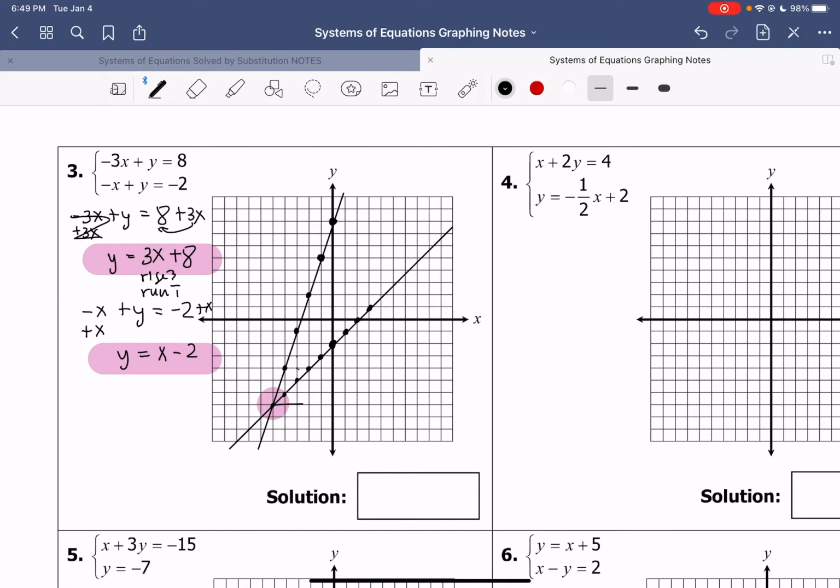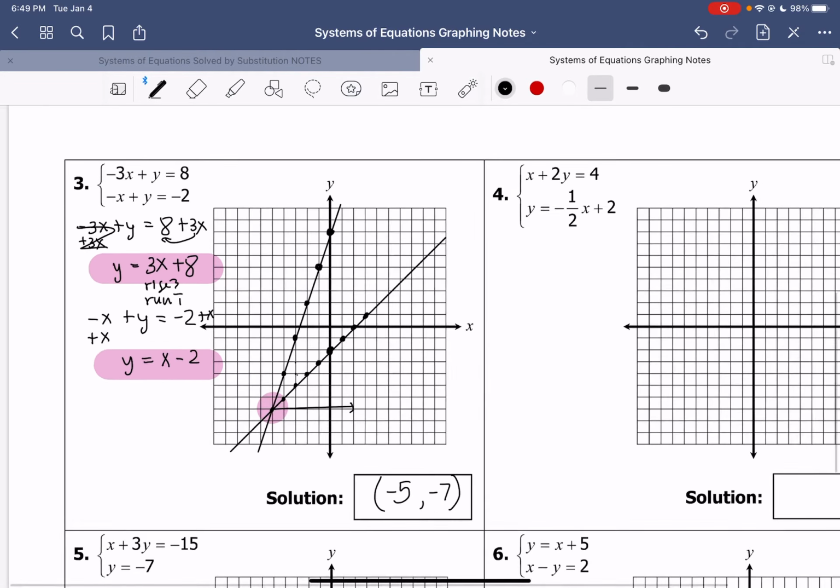And so off to the side, our solution is where these two lines cross, and that is negative 1, 2, 3, 4, 5. So we have x is negative 5, and y is 1, 2, 3, 4, 5, 6, 7, and our y is negative 7.